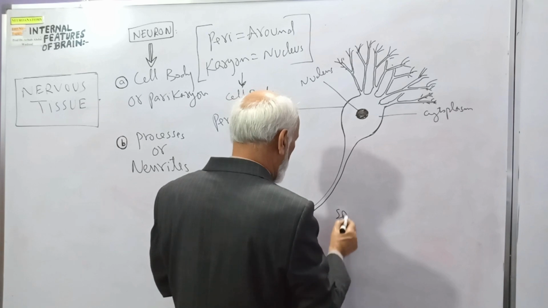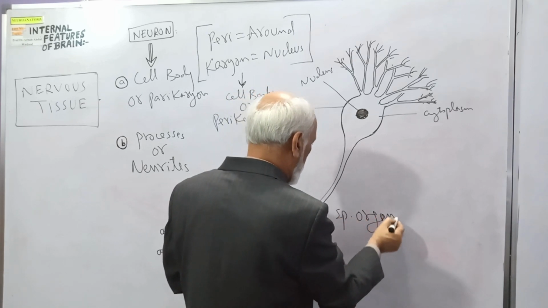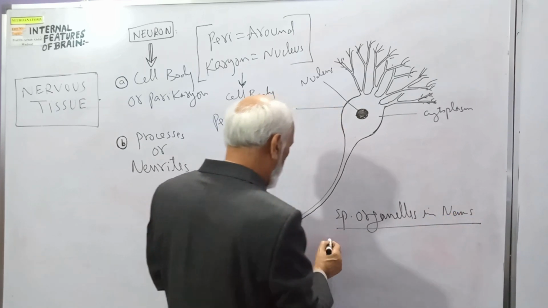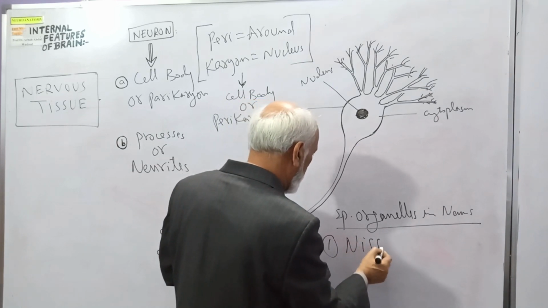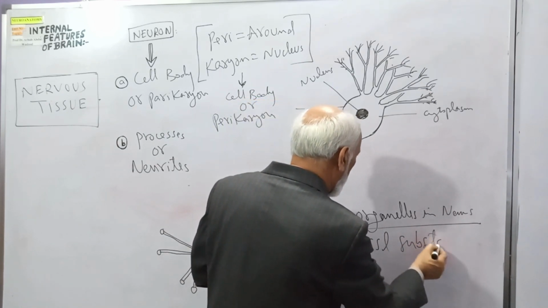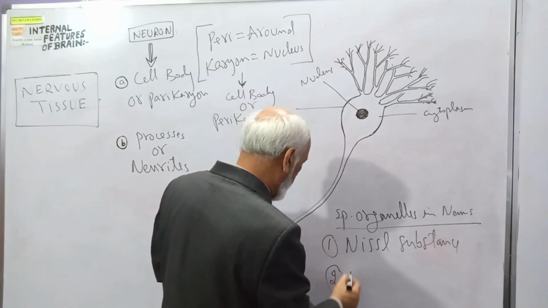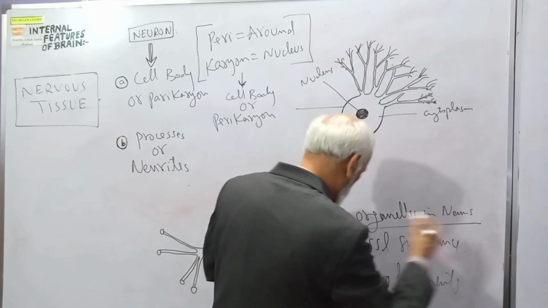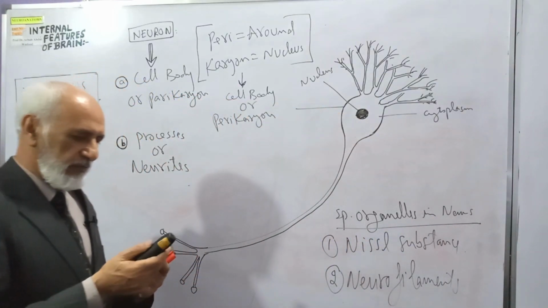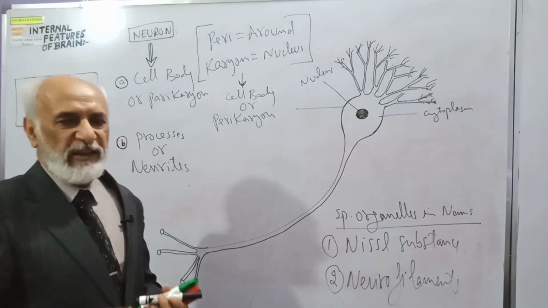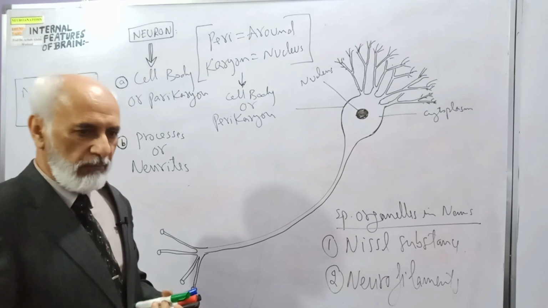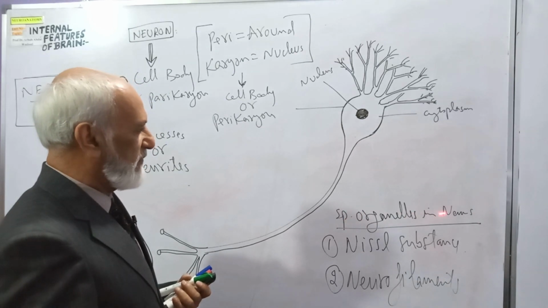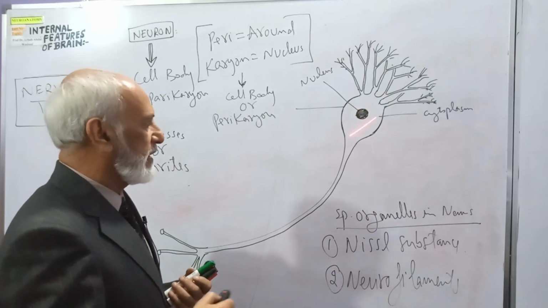What are special organoids in neurons? Number one, nissl substance. And number two, neurofilaments. So apart from usual cell organelles like endoplasmic reticulum, Golgi apparatus, filaments, etc., there are special type of organelles found in the neurons, not found in other body cells.